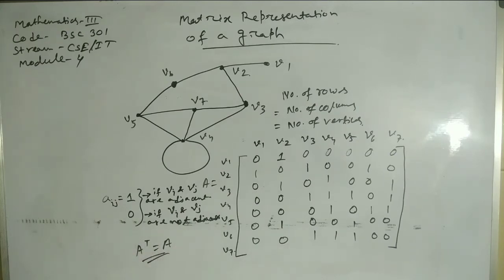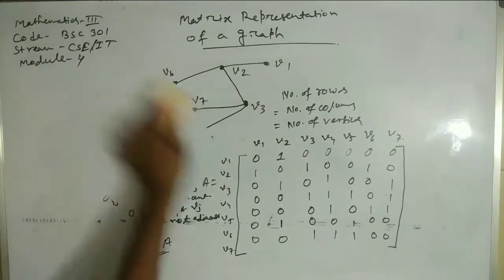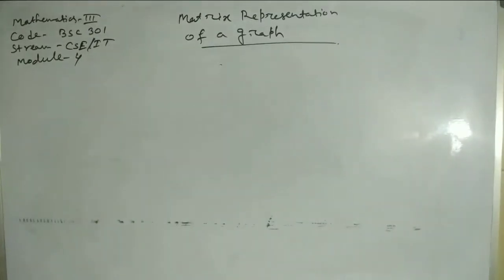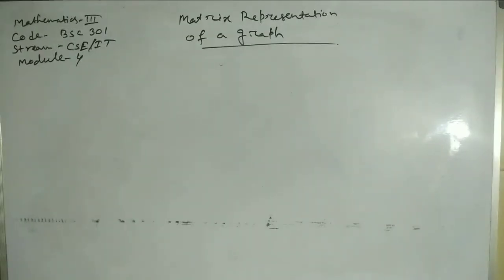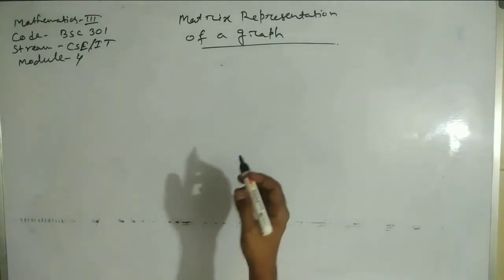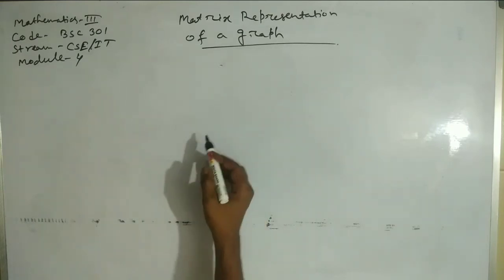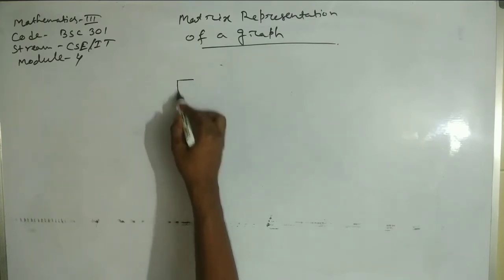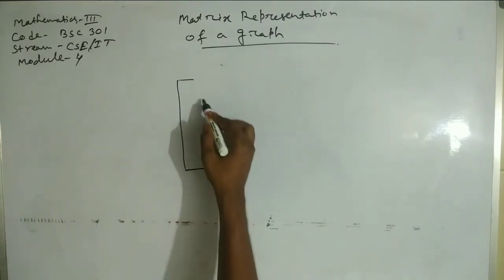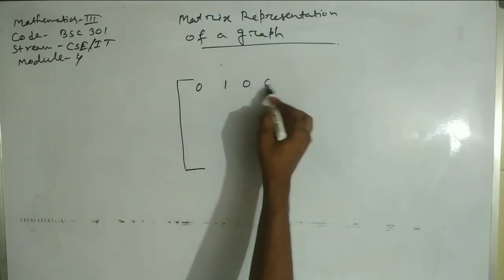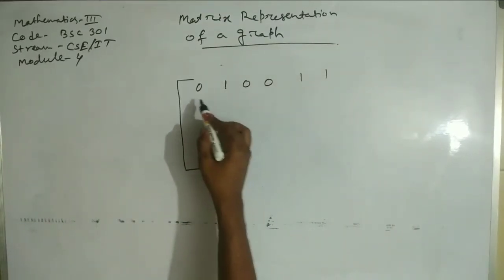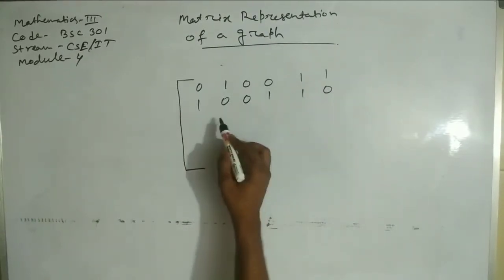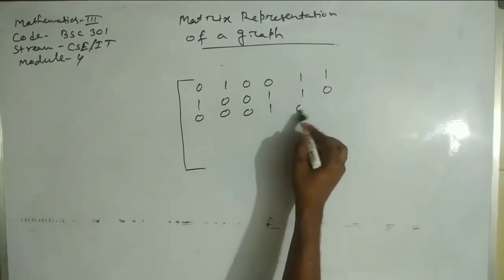Now I am taking an adjacency matrix and I will draw the graph. So let us take an adjacency matrix like this. 0 1 0 0 1 1. 1 0 0 1 1 0. 0 0 0 1 0 0.